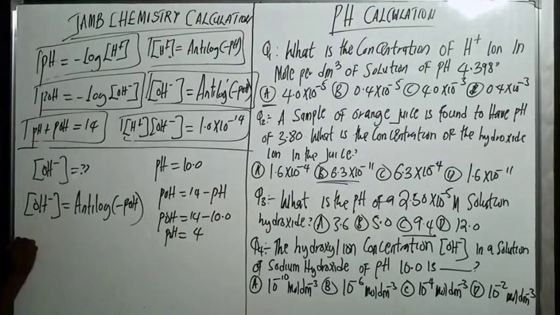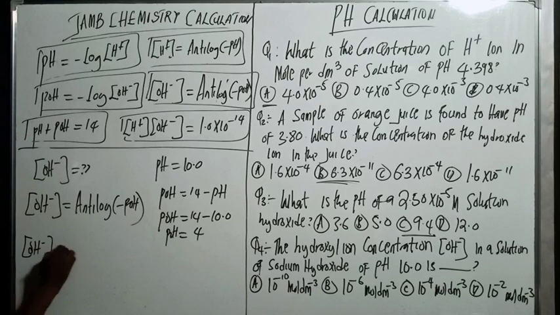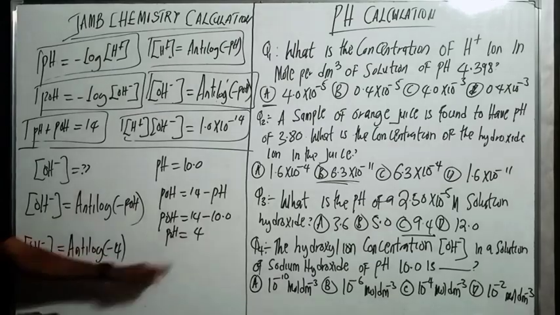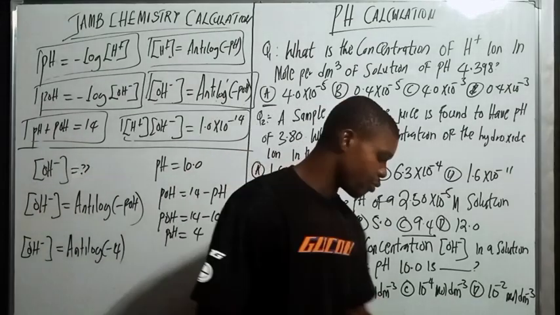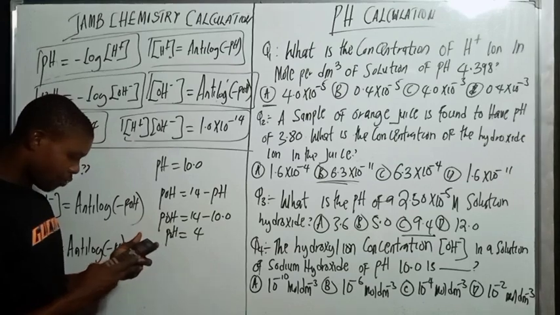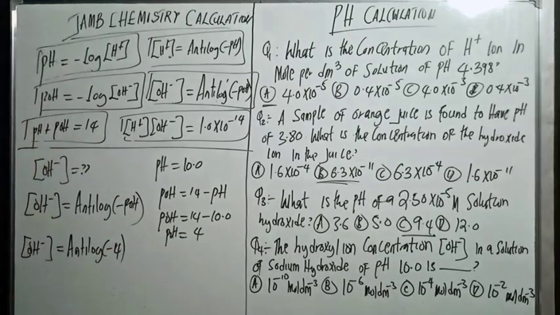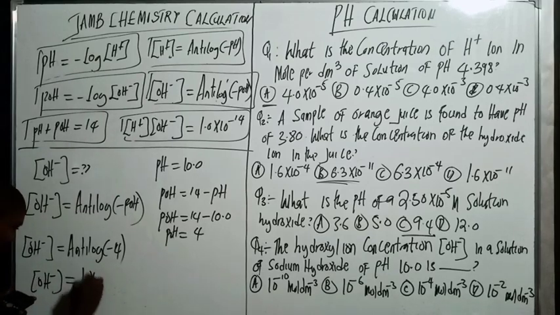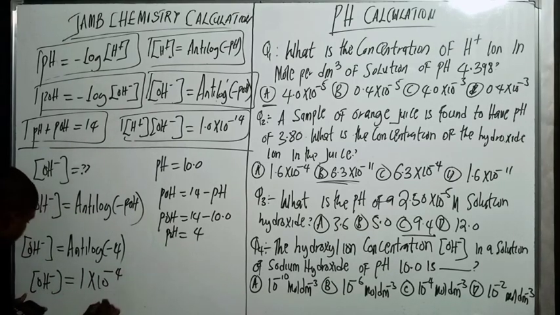So I can just say OH minus concentration equals antilog minus 4. Do you see that? Shift log minus 4, and here we have 1. So you have OH minus equals 1 exponential minus 4.